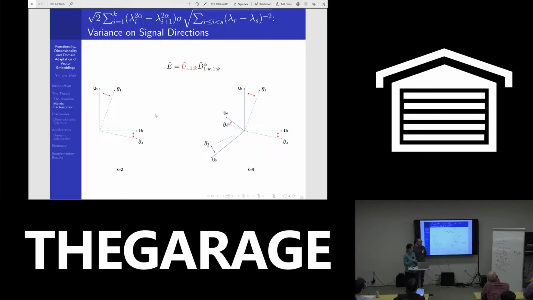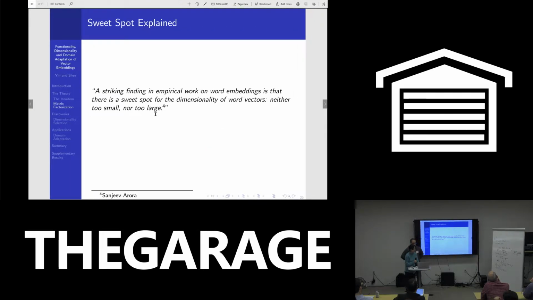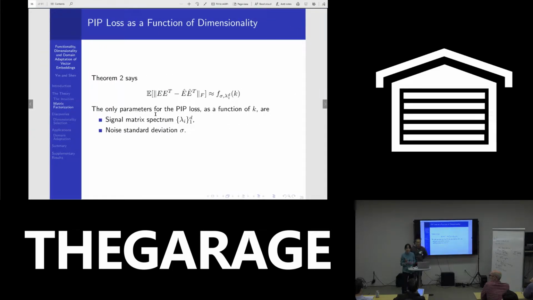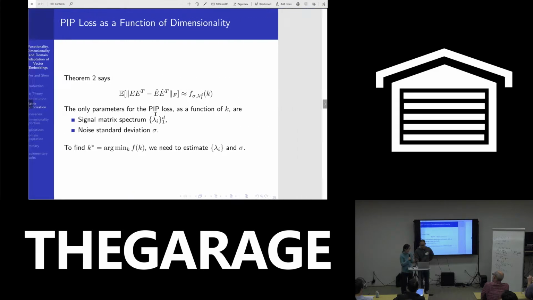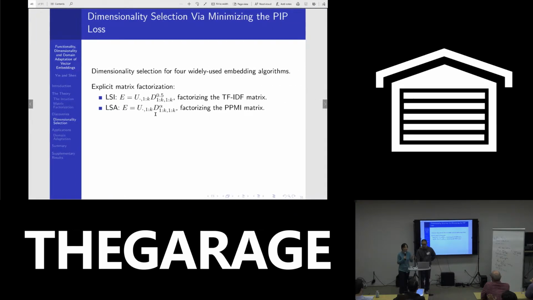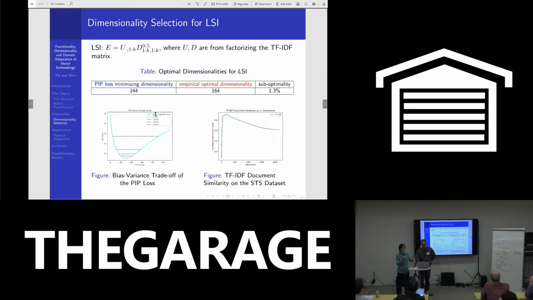Yes. Do you have a real corpus that you actually apply this to? Yes, we will talk about it. I think I'll skip the estimation procedure. But the takeaway from the theorem is that as long as we have a pretty good estimate of those lambda and sigmas, then we can choose the optimal dimensionality.